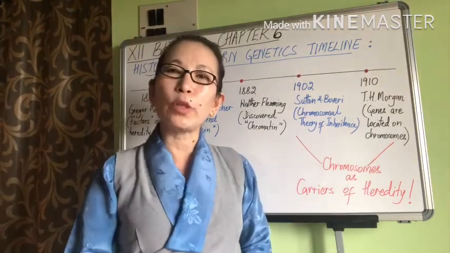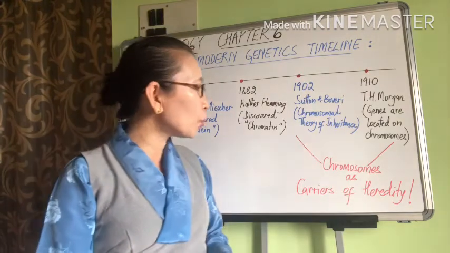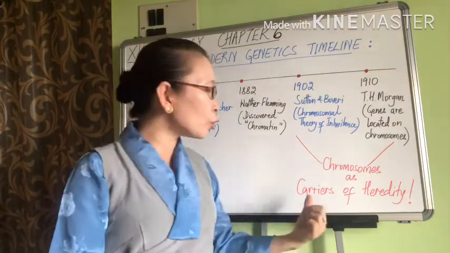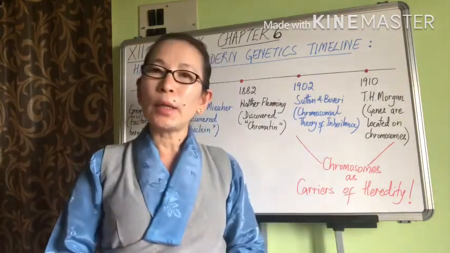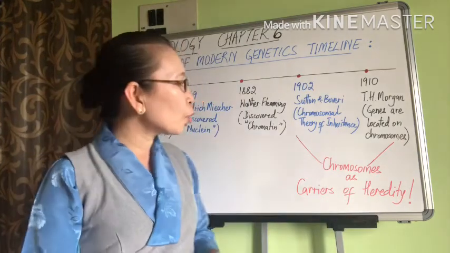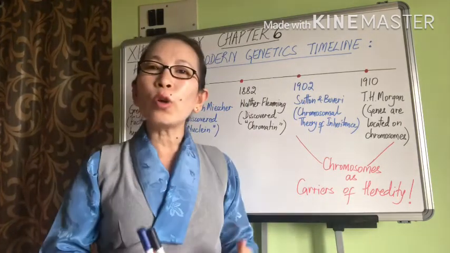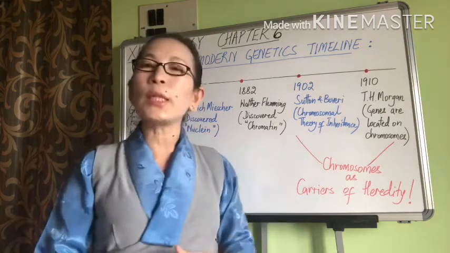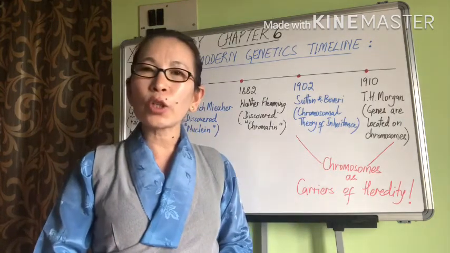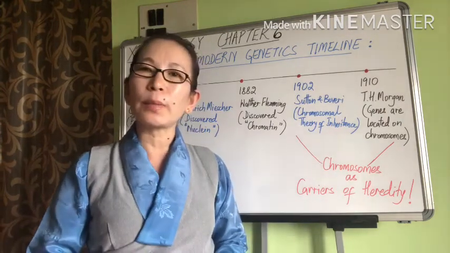Scientists in the early 20th century became convinced that chromosomes were carriers of genes, or carriers of heredity. But they were also aware of the fact that chromosomes consisted of both proteins and DNA. So the question was, which was the genetic material?